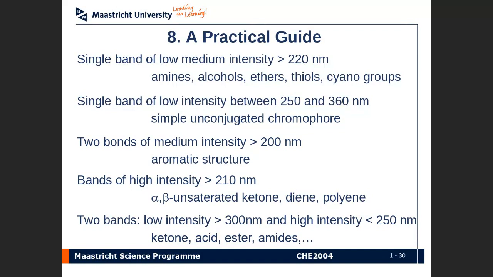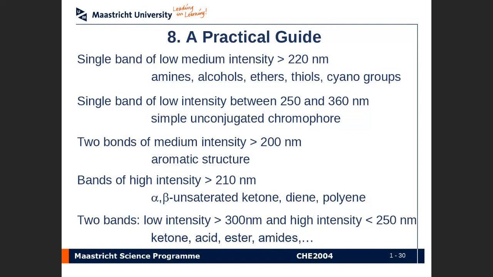If you have a band of low to medium intensity above 220, it might correspond to an alcohol, ether, cyano groups, or amines, for example. If it's between 250 and 360, a simple unconjugated chromophore. If you've got two bands of medium intensity, then it might point to an aromatic structure, right?